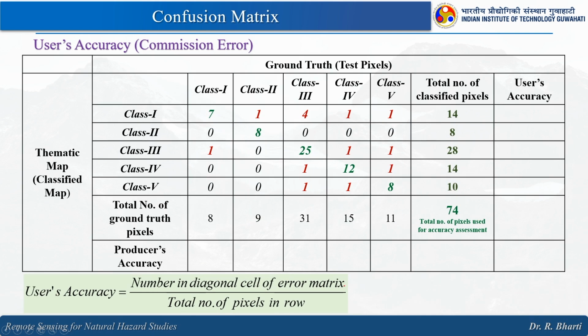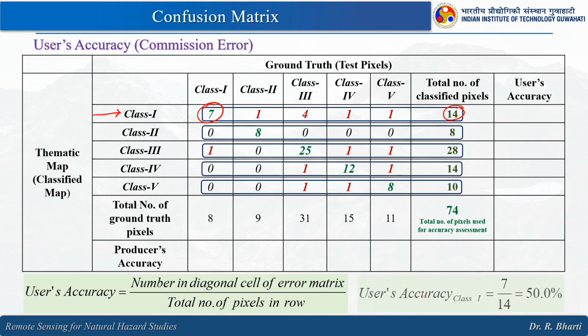But if you are the user of my results, then you will call it differently. The user's accuracy will be the correctly classified pixels divided by the total number of pixels covered in that row. Here the accuracy becomes less. So compared with the producer accuracy, user accuracy is less. As a producer, I am saying I have produced a more accurate result, but as a user you will say no, you have produced a less accurate result.